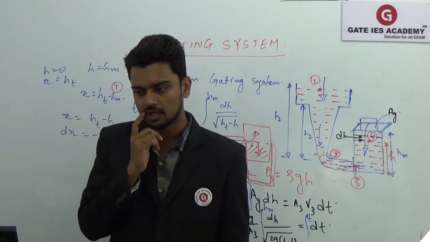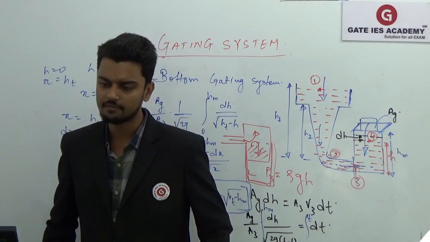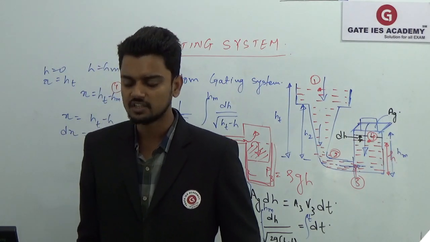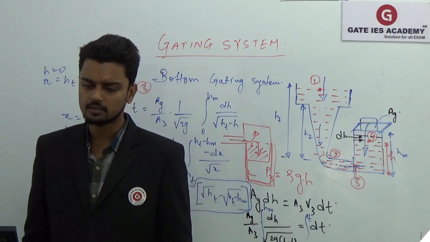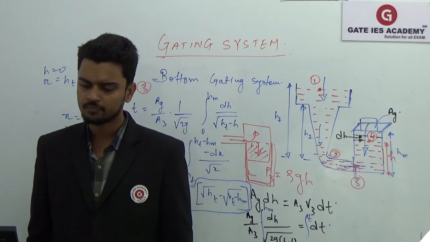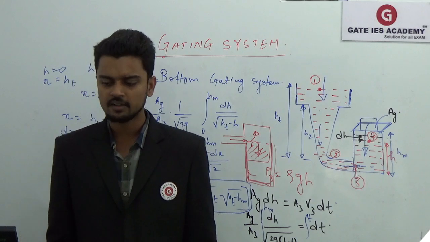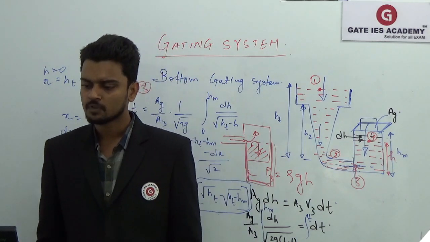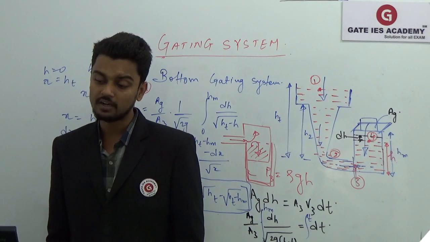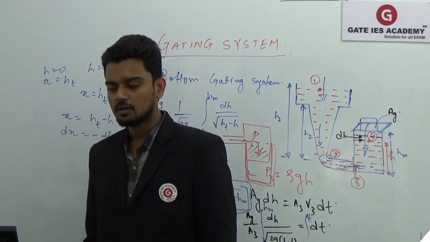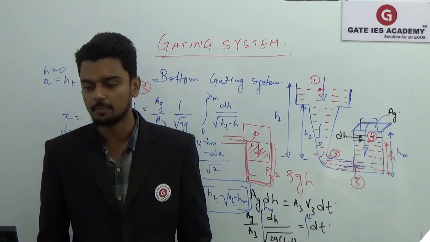Then the next question that we have is from engineering services, which was asked in 2011, and you can see this question on your screen. We have to match the following. On the left side we have top gate, bottom gate, parting gate and step gate. On the right side we have heavy and large casting, most widely used and economical, turbulence, and unfavorable temperature gradient.